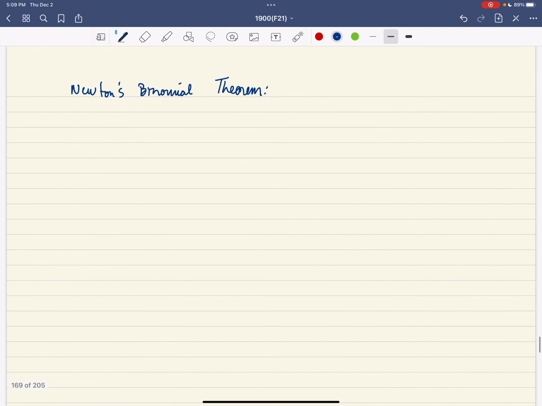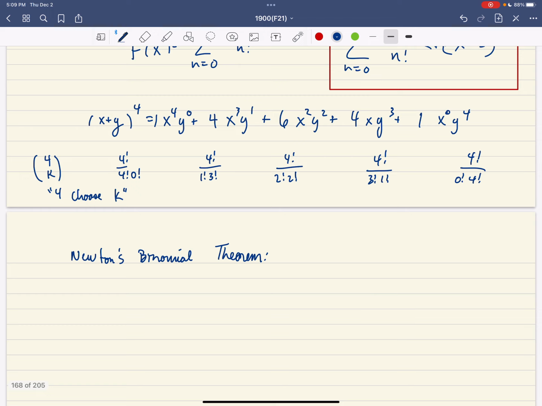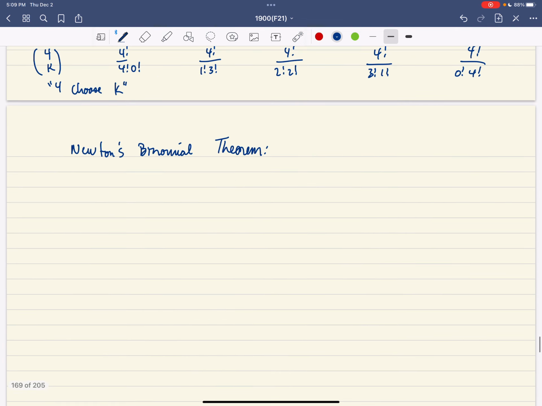Newton, the super smart guy that he was, figured out that this pattern works even if you don't have an integer. So he showed that if you have 1 plus x to the alpha, you can find the Taylor series at 0, so I guess it's a Maclaurin series, and you can write out what you're going to get.